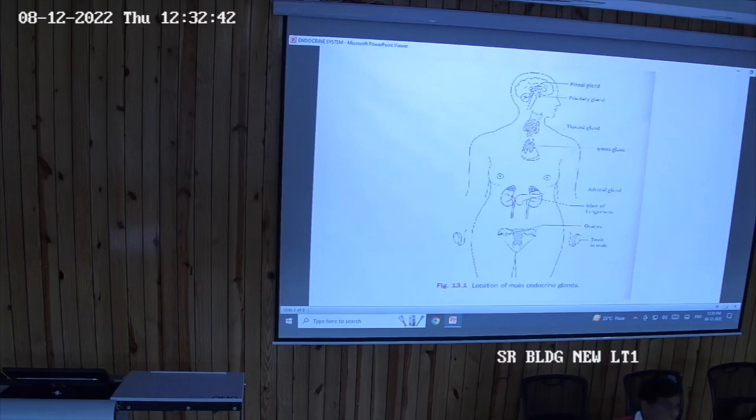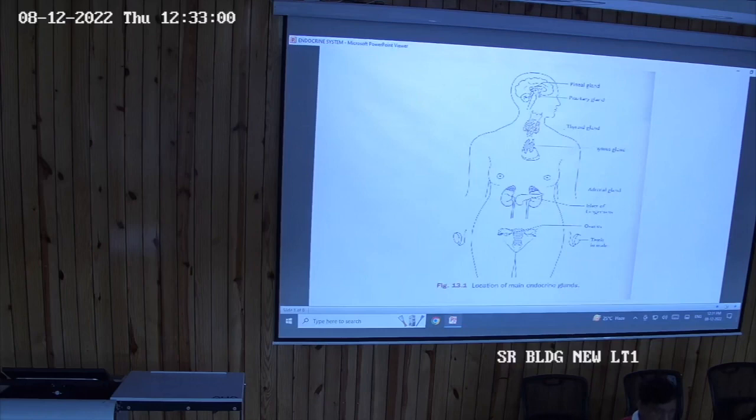Such persons are called acromegaly. And this outgrowth of the head, hands or feet results after the fusion of the epiphysis.